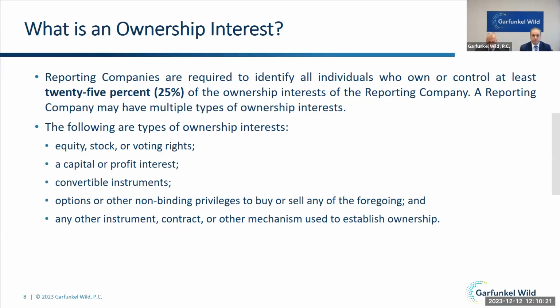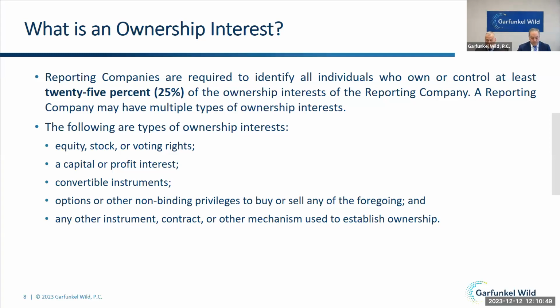Okay, what is an ownership interest? Reporting companies are required to identify all individuals who own or control at least 25% of the ownership interests of the reporting company. A reporting company may have multiple types of ownership interests. And again, this list is quite comprehensive, and the form of interest that an individual owns or possesses in a company may very well trigger the obligation to report that individual as a beneficial owner.